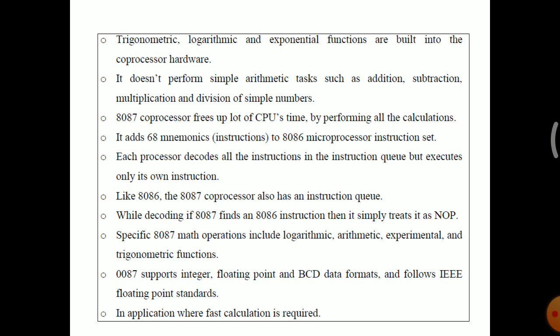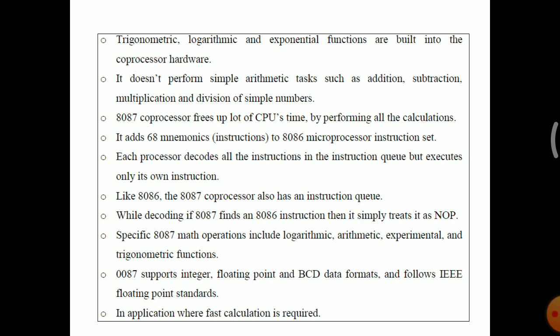Now 8086 has two types of instructions in its instruction set. Its own instructions that are supported, decoded and executed by the 8086 microprocessor. Apart from this, 68 instructions which will be supported, decoded and executed by the 8087 math coprocessor for your microprocessor.